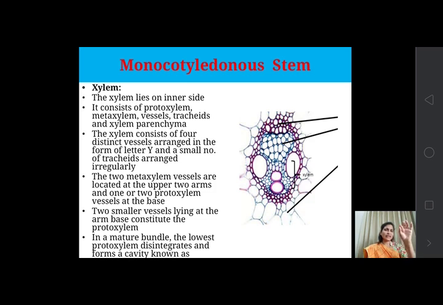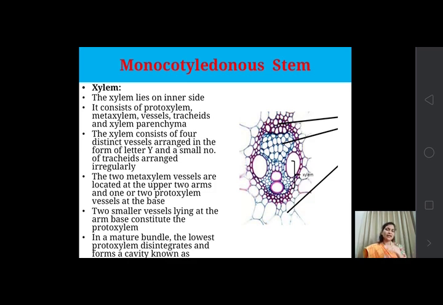It shows the sclerenchymatous sheath, the phloem, and the xylem tissues. Concentrate only on the xylem, the large oval or rounded circles, which are known as the xylem part.